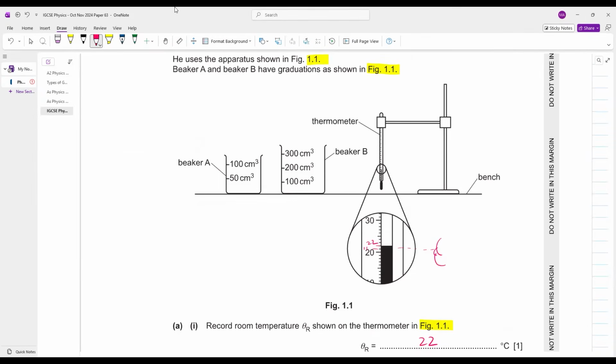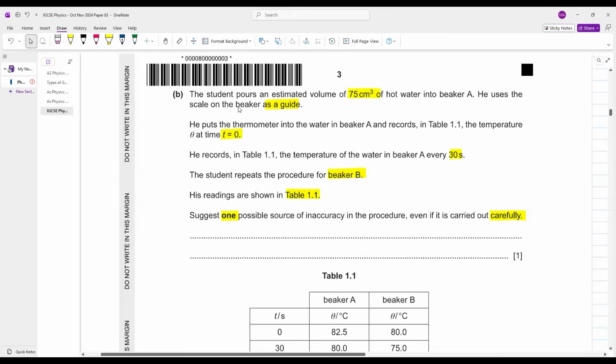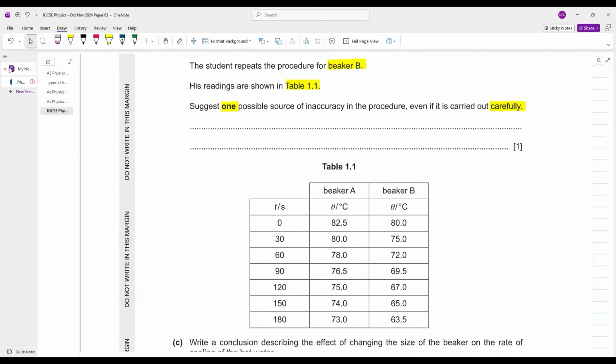So you can say 75 cm cube is difficult to estimate on the beakers.